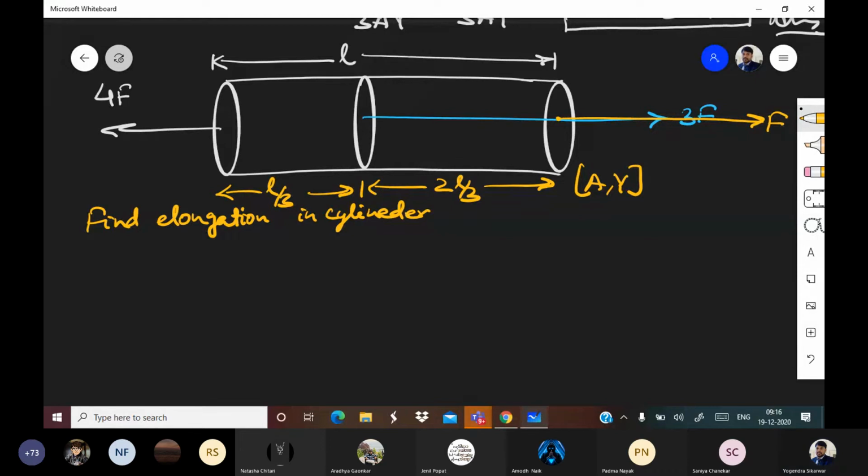Yash, Sakshi, Spruha, Varun, and Amal are also saying the same thing.